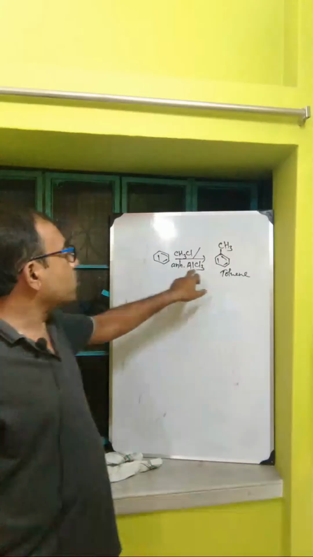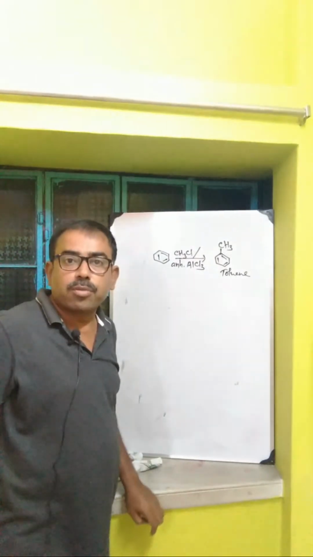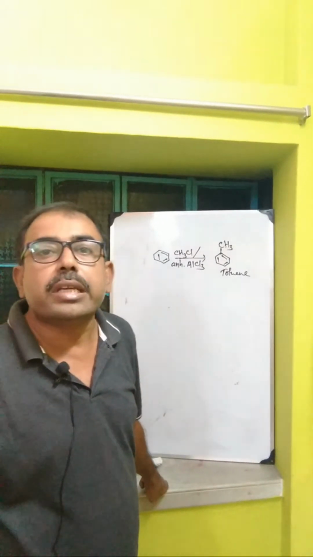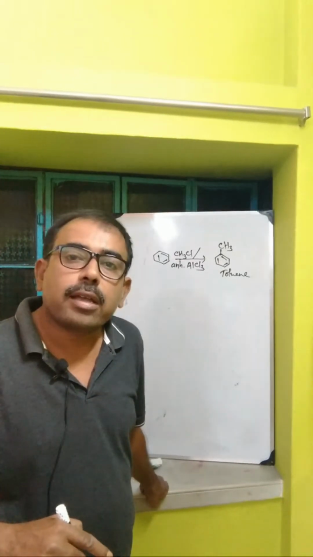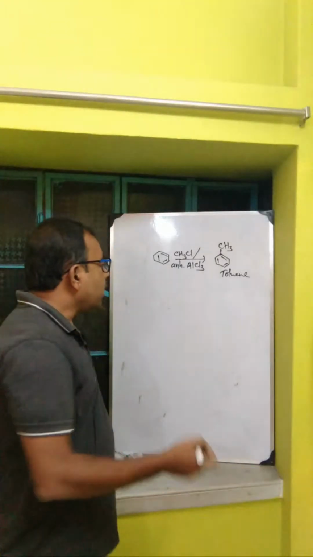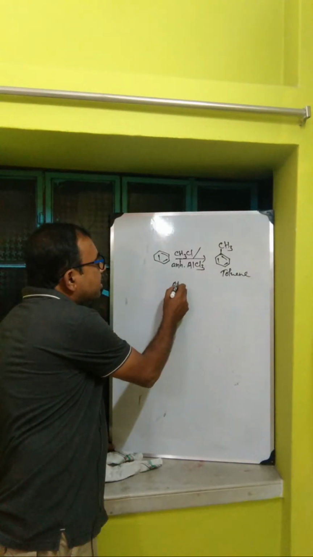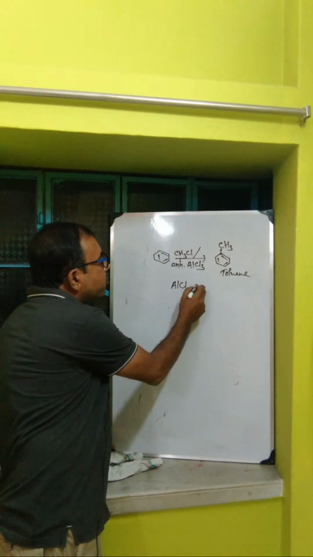Now what is the use of anhydrous aluminium chloride, and why are we using anhydrous AlCl3? Why are we not using hydrated AlCl3? Now you know the hydrated AlCl3 is AlCl3 comma 3H2O.